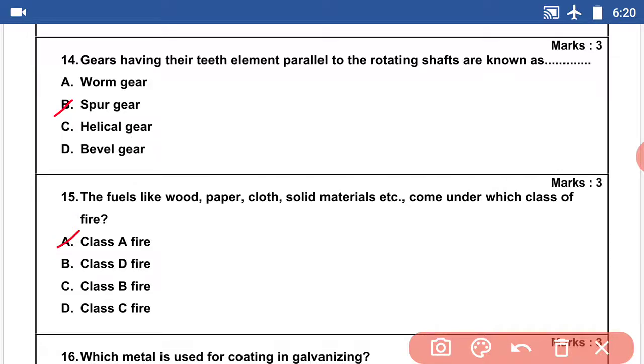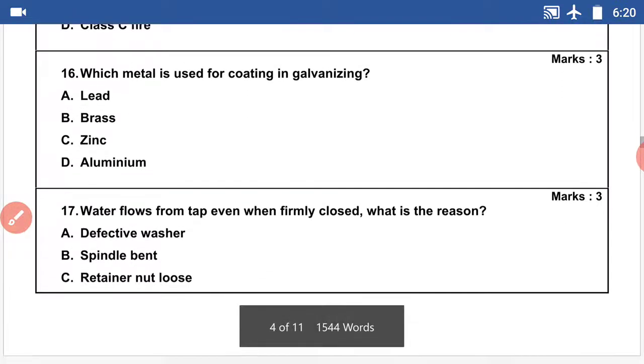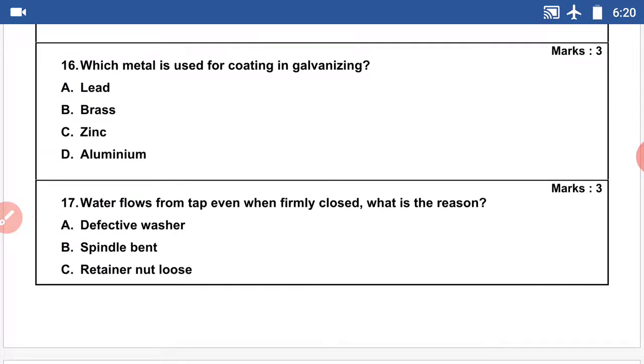Question number 16. Which metal is used for coating in galvanizing? The answer is zinc, option C. Question number 17.